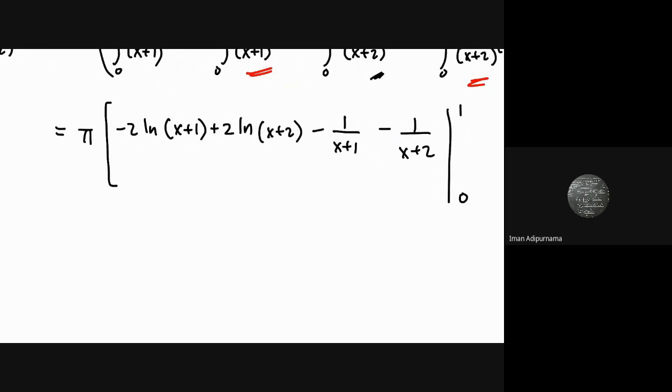I will give you a tip. When you have ln and ln like this, and you have a negative, you can put the negative inside. Then you can write down, this will be 2 ln of 1 over x plus 1, right?